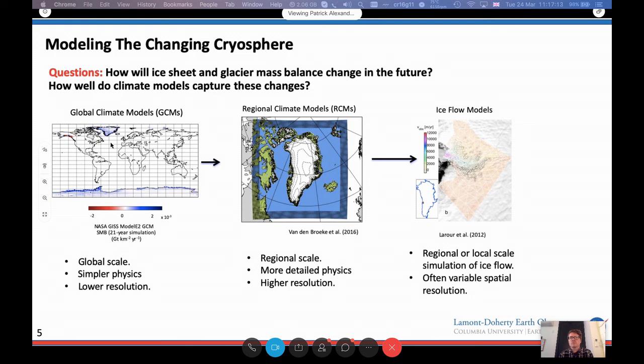And then to predict what's going to happen with the dynamic component of mass balance, we need ice flow models. So these actually simulate the flow of ice in response to the forcing from the surface mass balance. So that's sort of the way things go right now.